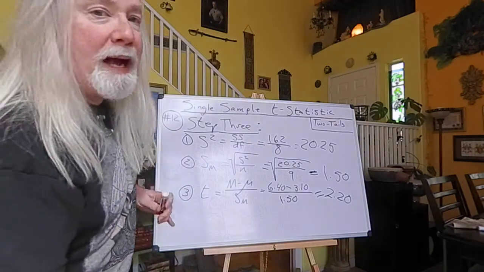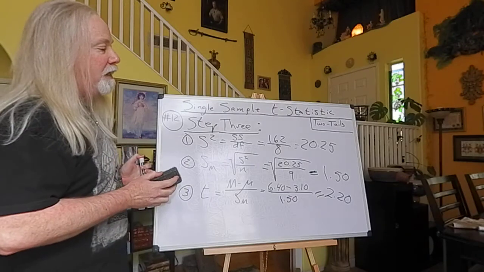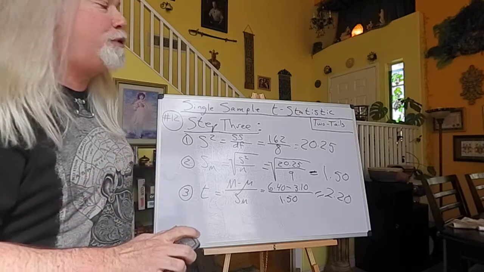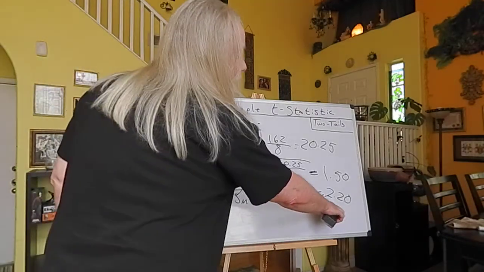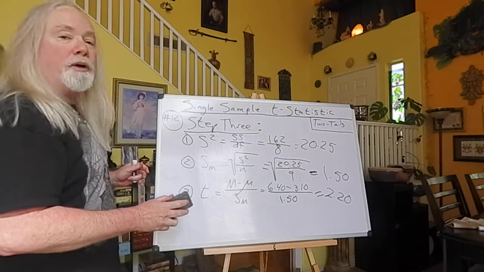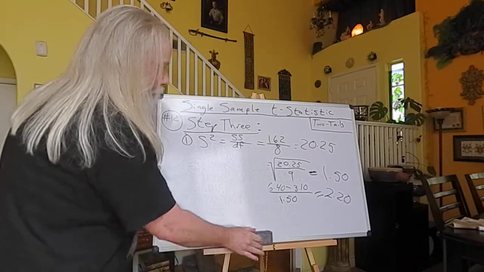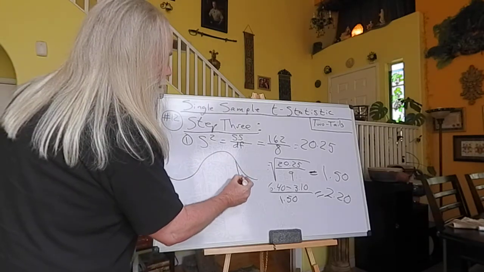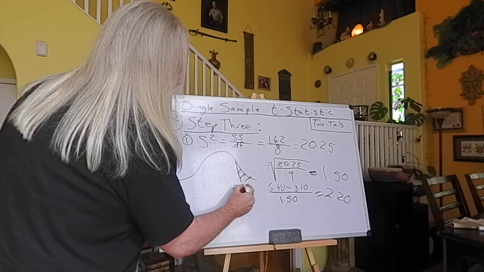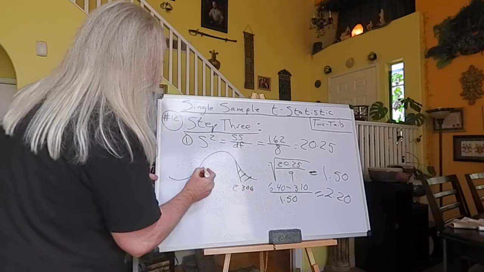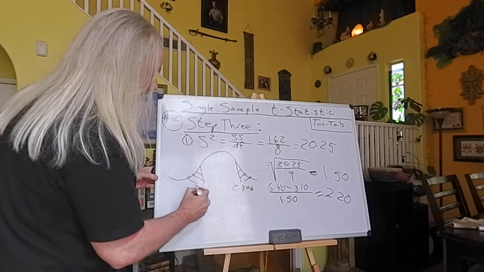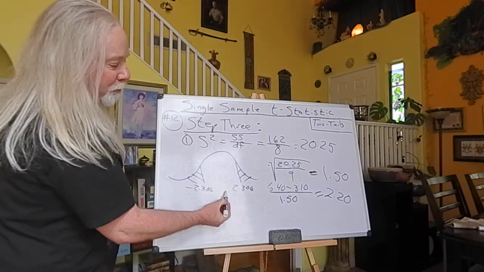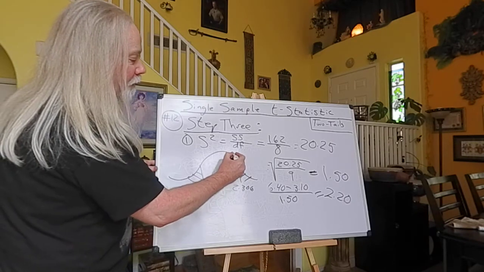Well, back in step 2, we looked at our critical T, and our critical T was 2.306. We've only gotten to 2.2. I'm going to erase this so we can look at it graphically. I miss my big board. 2.20 doesn't move far enough from 0 to cross that line, so that's up here.